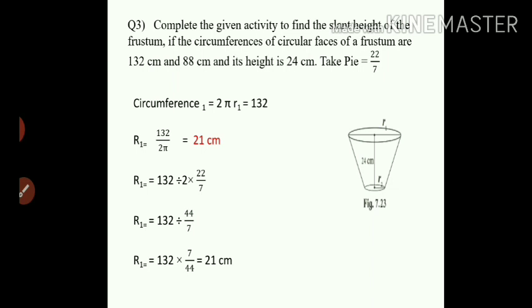Now similarly, we will find out second circumference. Second circumference is given, so we will find out R2. Circumference 2 will be 2 pi r2, which is given 88. So radius second will be 88 upon 2 pi. The answer is 14. Now see the working part for the 14. R2 is 88 upon, means divide, 88 divided by 2 pi means 2 into 22 upon 7.